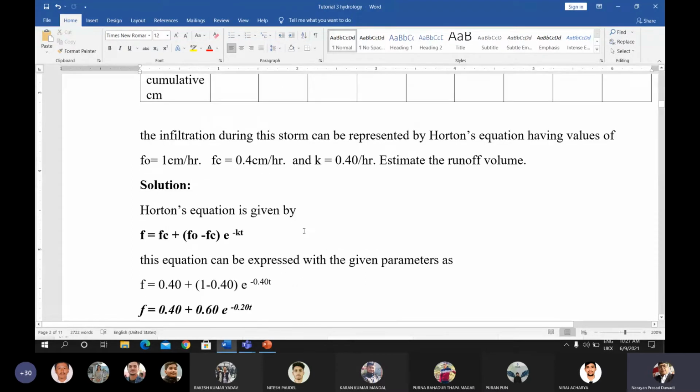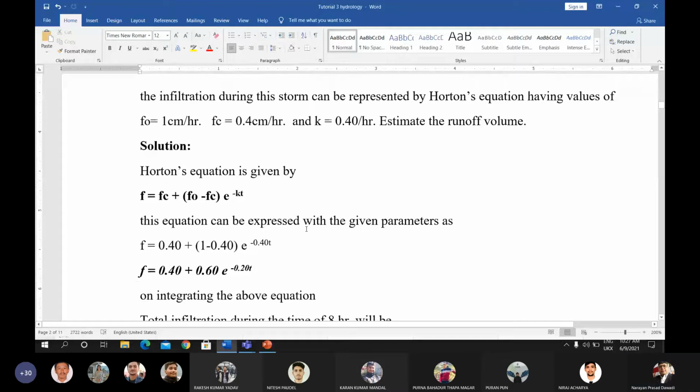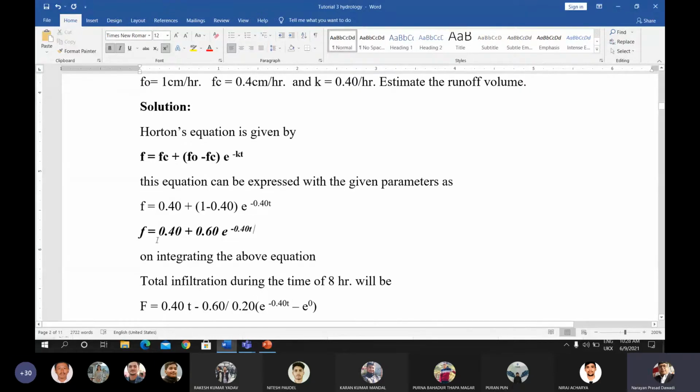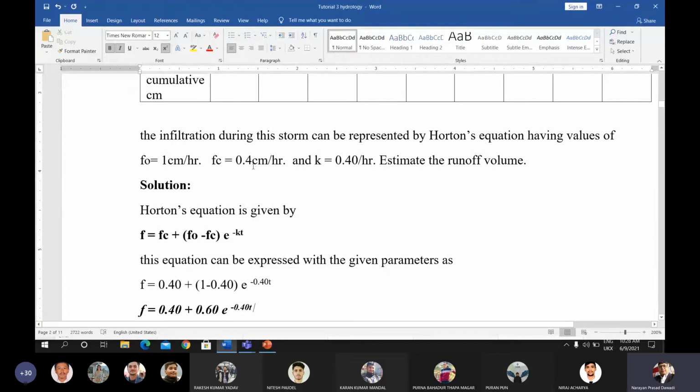Okay, the k is given as 0.40. This is not 0.20 here, this is 0.40. The Fc value is 0.40.